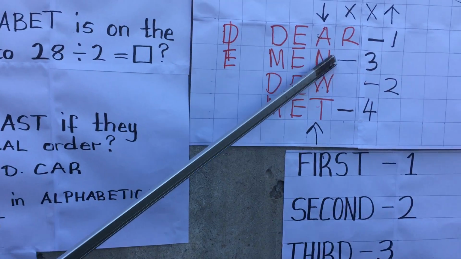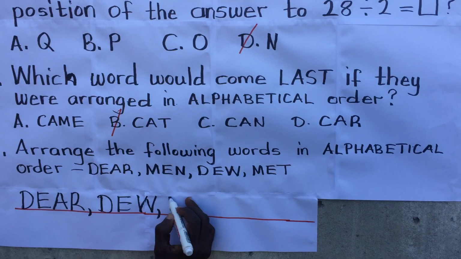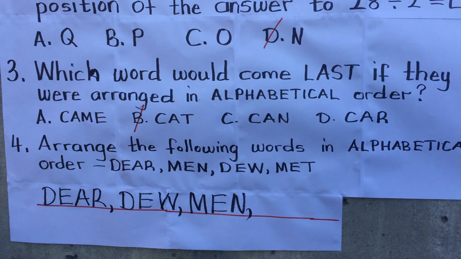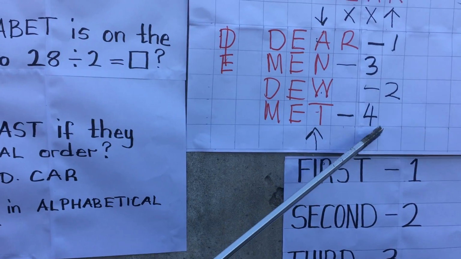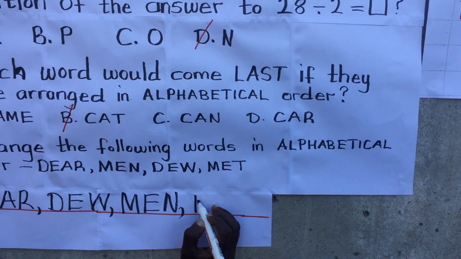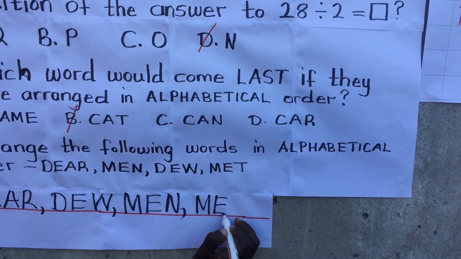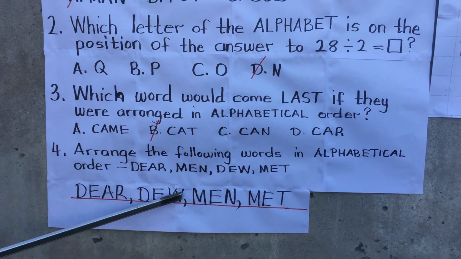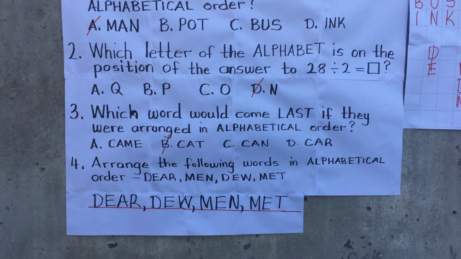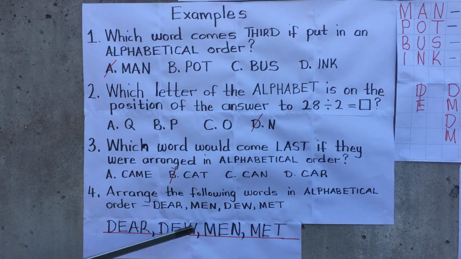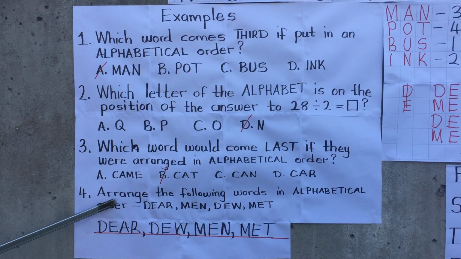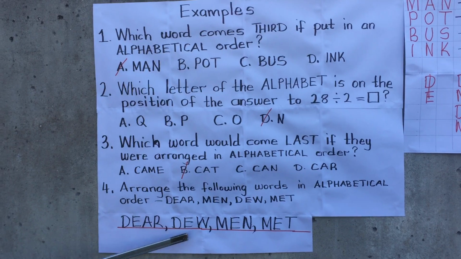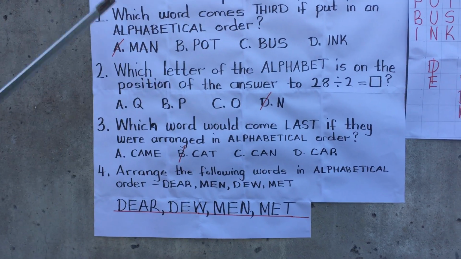Number 3 there, men. Comma. And 4, the last one. So these are arranged in alphabetical order, or you've put them in alphabetical order. Remember the question was arrange the following words, so meaning these are in alphabetical order.